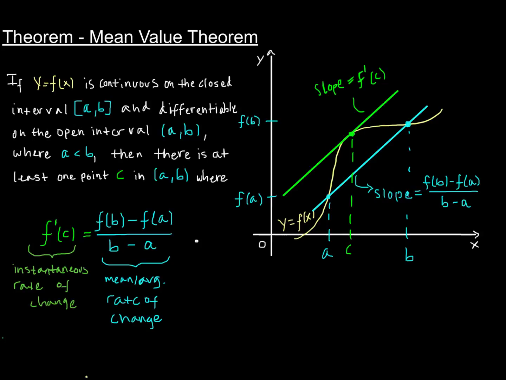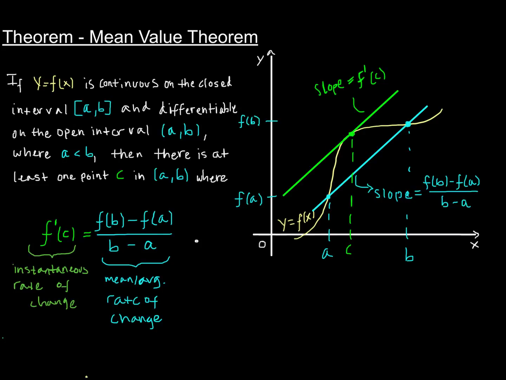And so you could reread the mean value theorem just putting each of these statements in there. So if y equals f of x is continuous on the closed interval from a to b and differentiable on the open interval from a to b, where a is less than b, then there is at least one point C in the open interval from a to b where the instantaneous rate of change is equal to the mean rate of change.